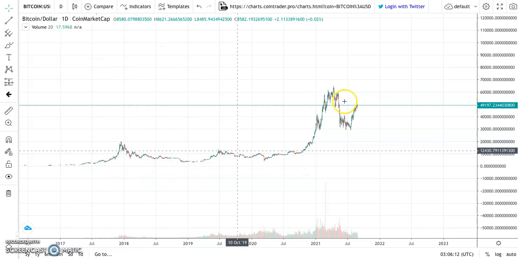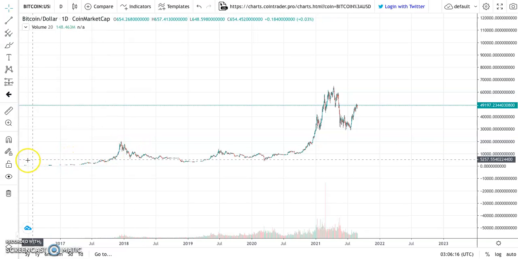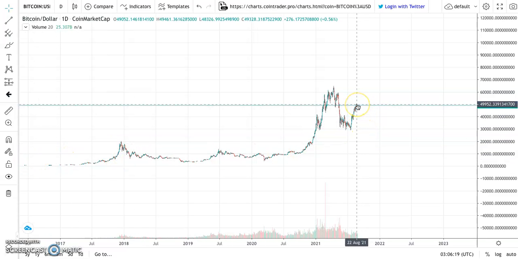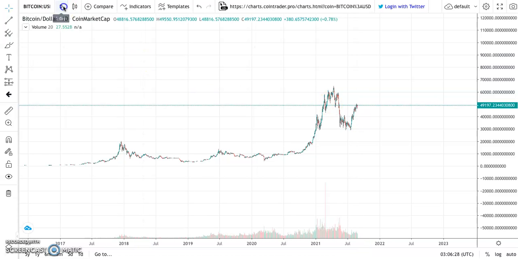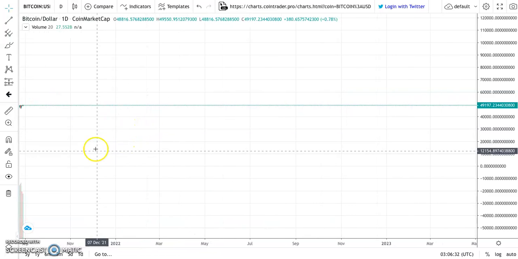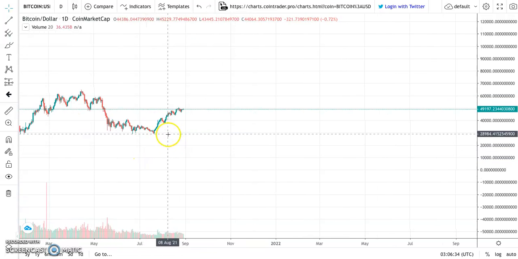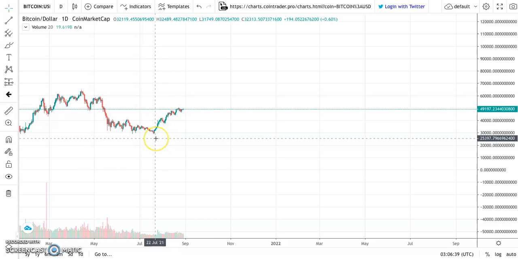So obviously we're here completely zoomed out, and as you see, this is from 2016 to today, the 28th of August. So we're here on daily candles, and you can always change the candles. Each candle is either red or green, and depending on the price action, it turns green or red by the end of the time frame.